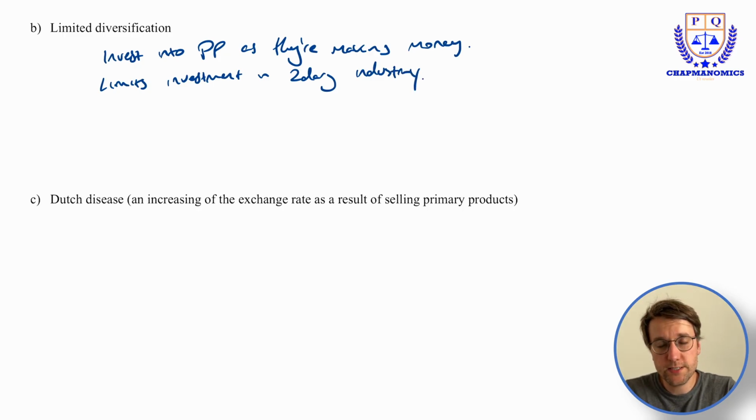If we are investing all of our money into our primary products, it limits the investment into secondary industries and maybe even other primary products. As a result, it takes money away from those other sectors and pumps it all into this one primary product or this few sets of primary products that we are producing. And as a result, it limits that diversification.